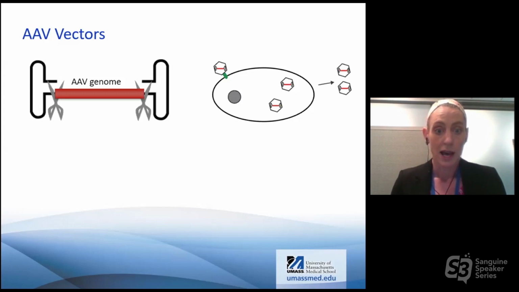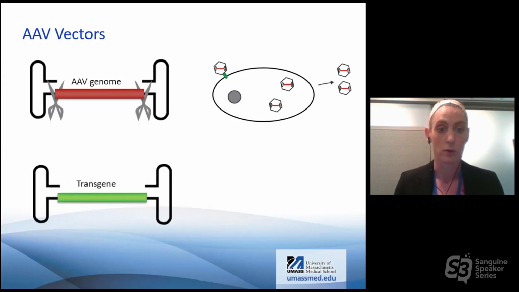What we do in the lab is we take out that AAV genome and we replace it with what's called a transgene. This is the genetic material that you want to introduce into the animal or the patient. We make these in a culture dish.